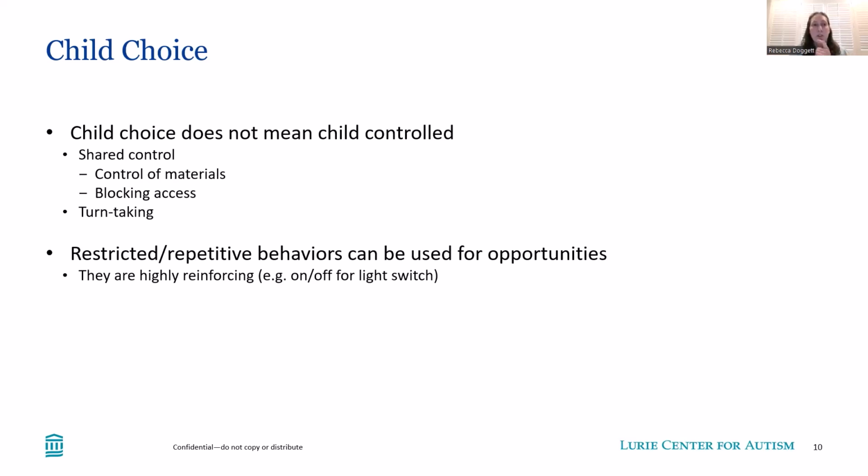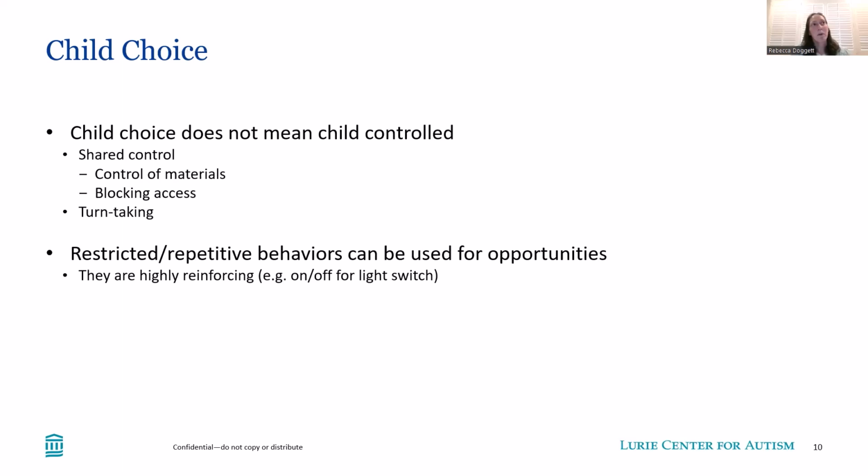Another really good thing to remember as you're trying to think about how you can create opportunities for your child to practice their first words, their early gesturing, think about shared control. And this means think about the environment and their access to materials.